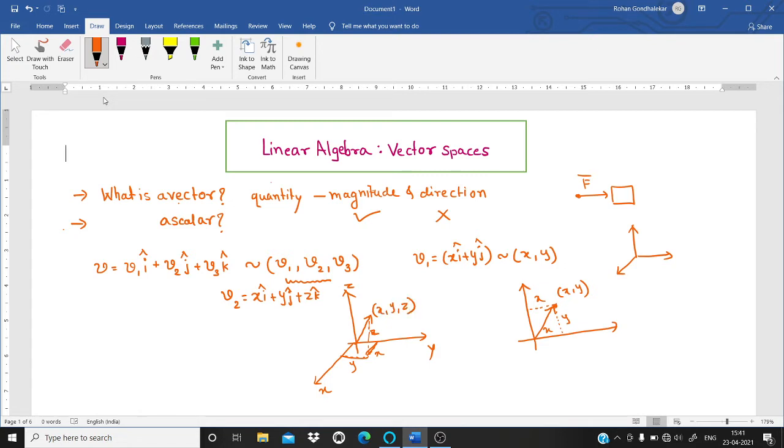This geometrical representation we have already studied earlier; I have just done a revision. There we represented a vector using x i cap plus y j cap plus z k cap, but here we are representing the vector in point form.